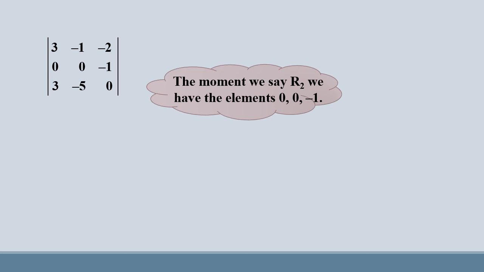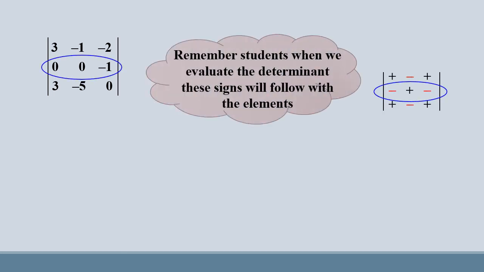We had already discussed a note: we can expand the given determinant in 6 ways, and the calculations will be easier when we expand it along the row or column which consists of the maximum number of zeros. Here in the row R2 there are 2 zeros, so we are expanding it using R2.